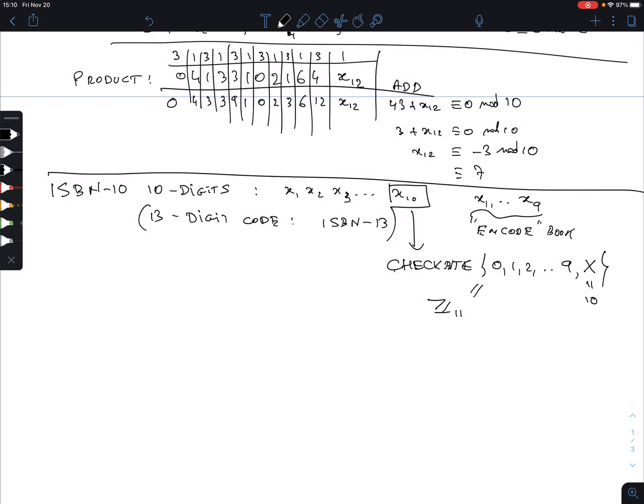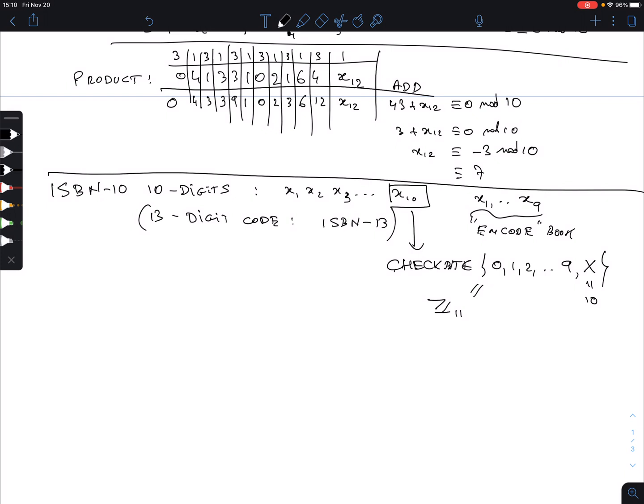But if you go beyond the 10 digits, we run out of natural digits that we use. So hexadecimal uses A, B, C, D, E, and F to represent the numbers 10, 11, 12, and so on. Okay, so this is the same principle. In some sense, an ISBN code is in a system with base 11, but we all agree that we will never use 11.